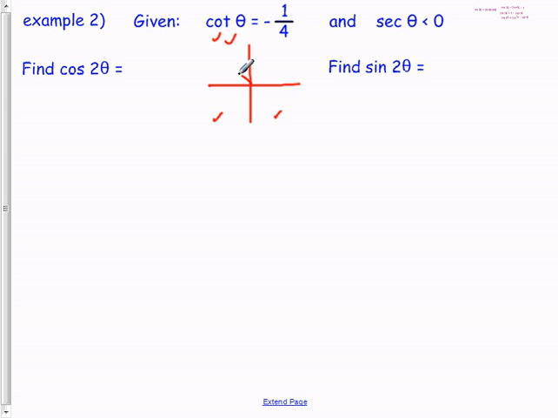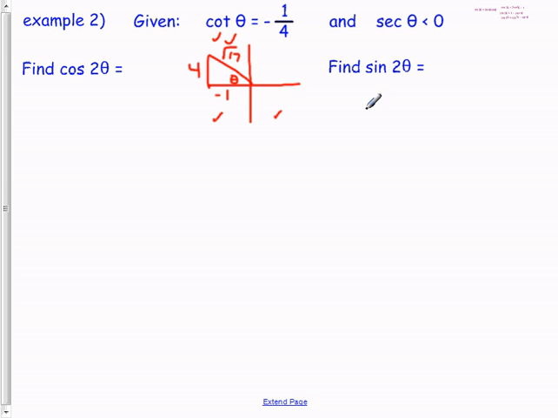So our picture is going to be in quadrant 2. It's the only one where both work. So cotangent is -1/4, because it's adjacent over opposite. We have to do the Pythagorean theorem, so 16 plus 1 is 17, so the hypotenuse is root 17.